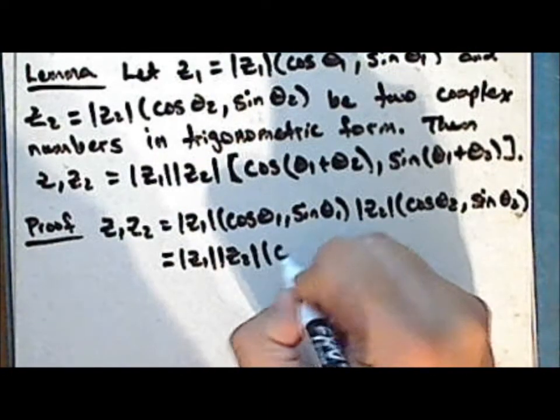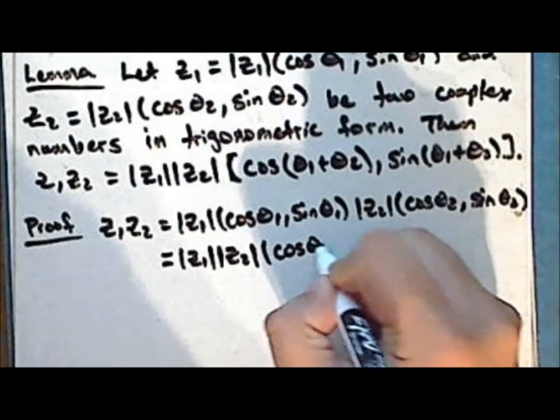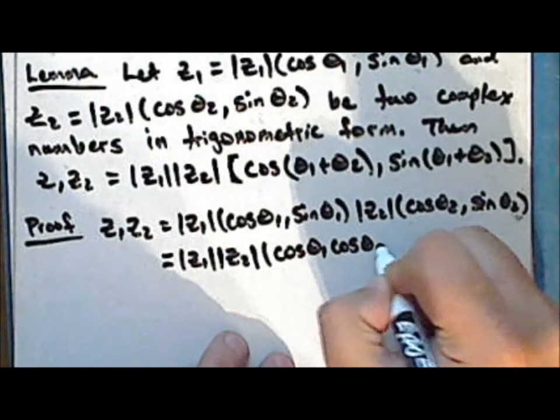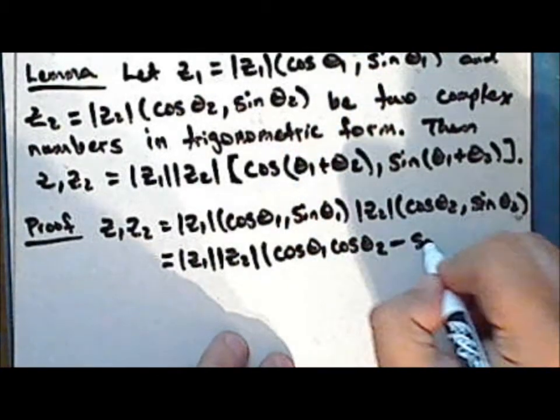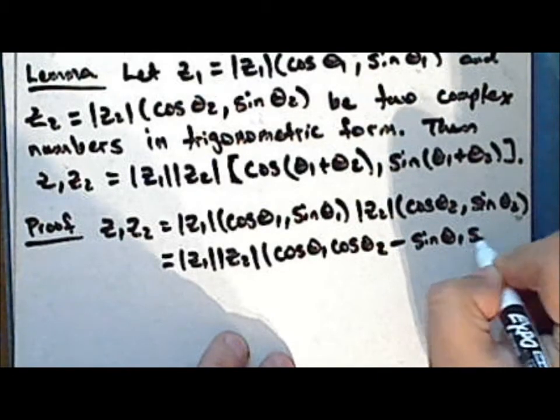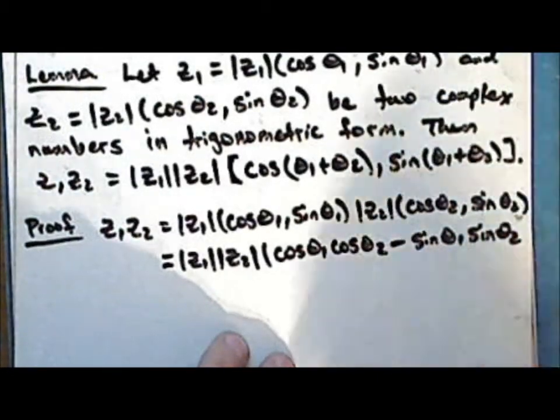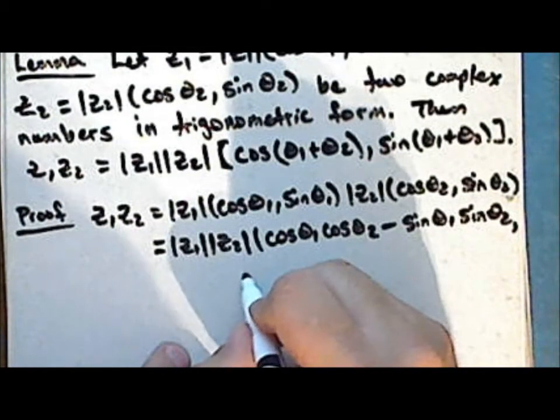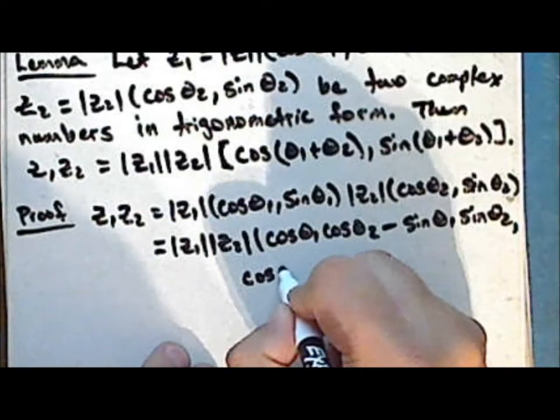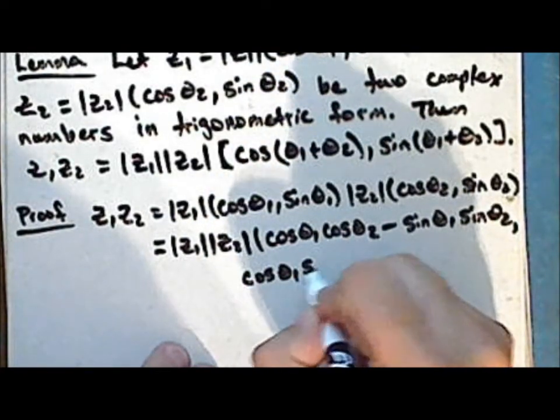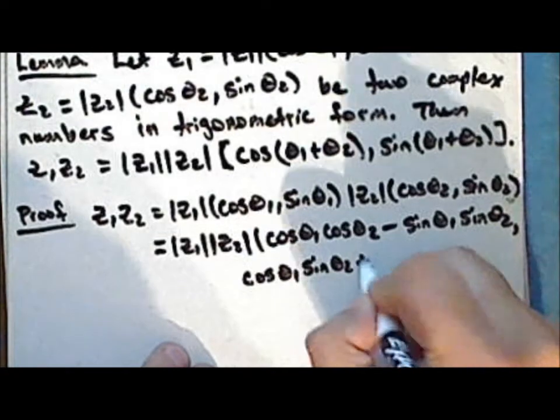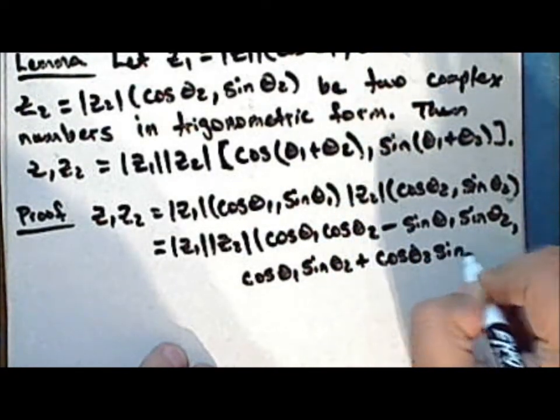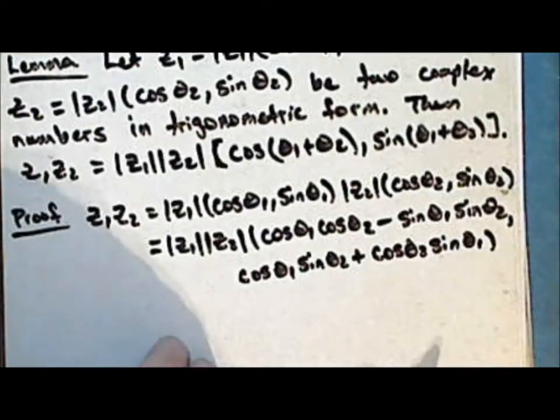So we have cosine theta 1 times cosine theta 2 minus sine theta 1 times sine theta 2 as the real component. And we have cosine theta 1 times sine theta 2 plus cosine theta 2 times sine theta 1 as the imaginary component.